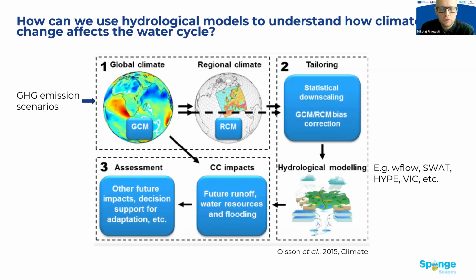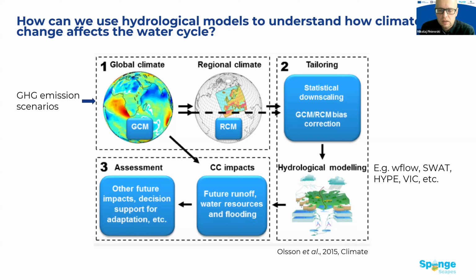As of today, workflows for assessing the climate change effect on hydrology are well established. And typical modeling always starts with the global climate models that are forced with greenhouse gas emission scenarios. Then these climate model outputs are transformed using various approaches, such as dynamical downscaling or statistical downscaling.